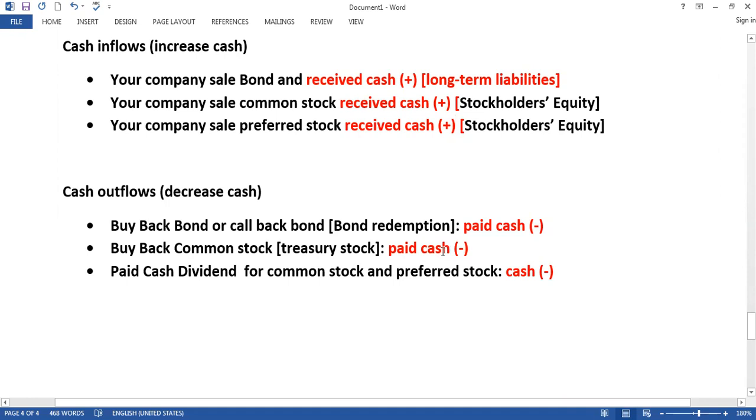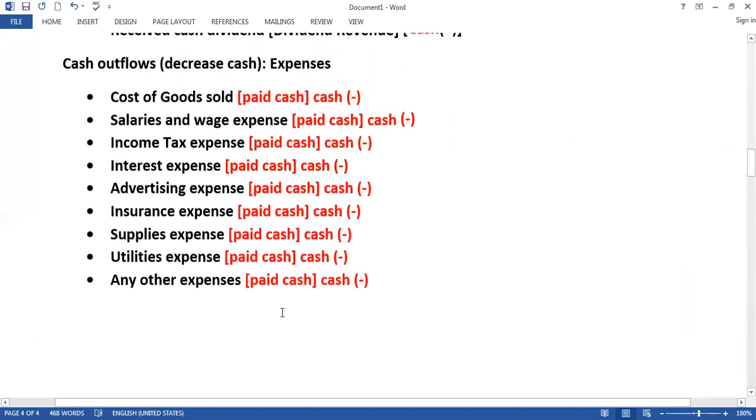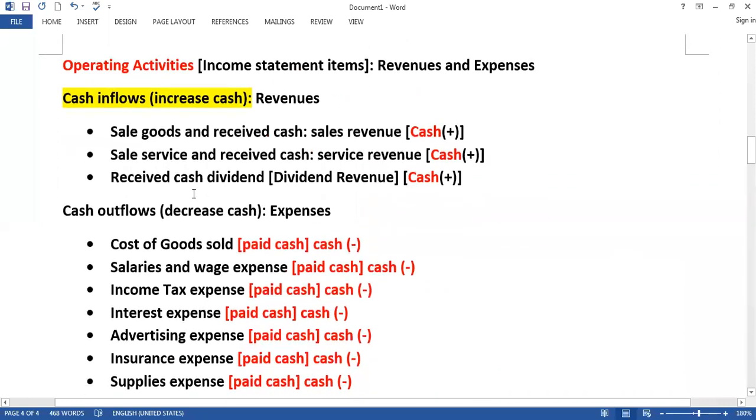And whenever you sell common stock and preferred stock, you must pay them dividends. You remember, if you receive dividends, you can see that in operating activities. If you received a cash dividend, it is your revenue. So you may make a mistake here.